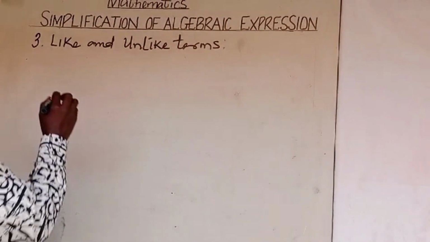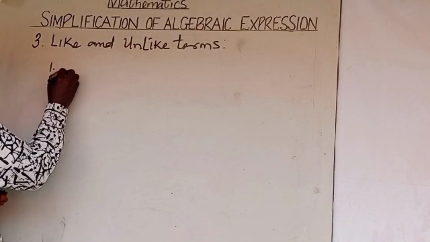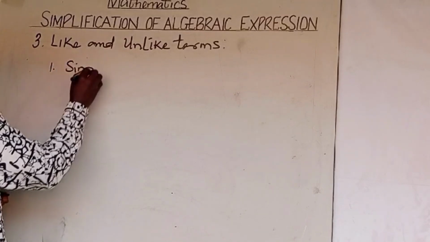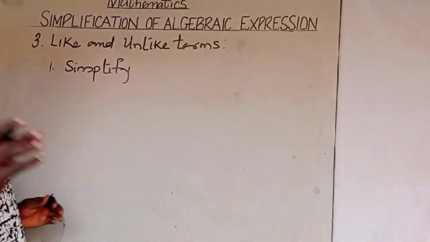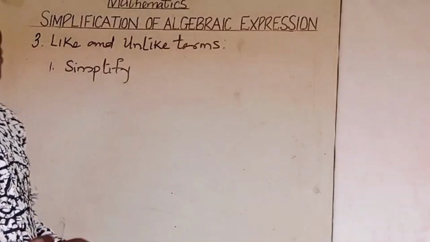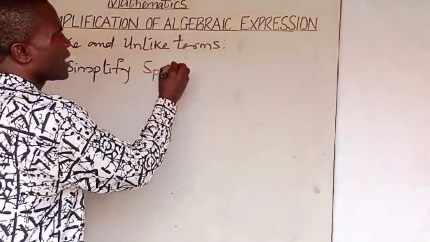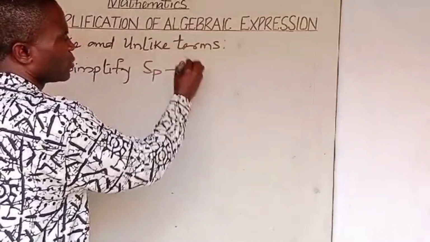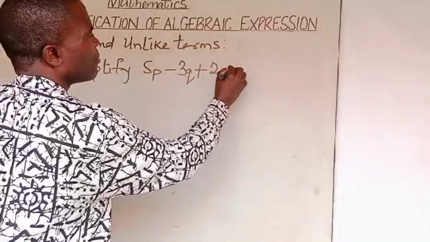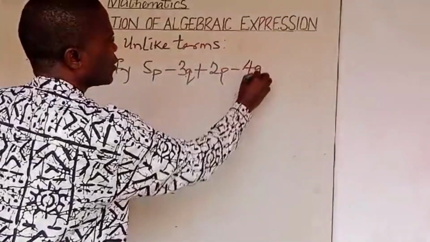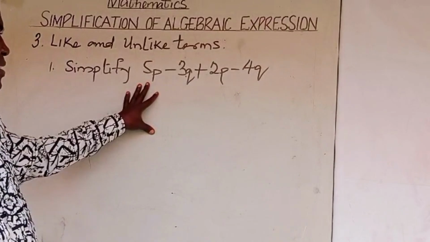Let us take, for instance, for the purpose of an exam, you were asked to simplify 5p minus 3q plus 2p minus 4q.